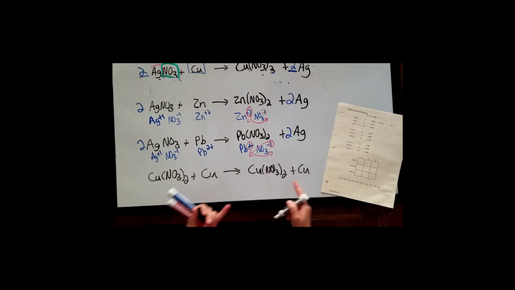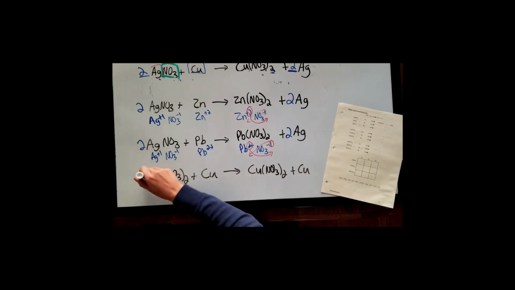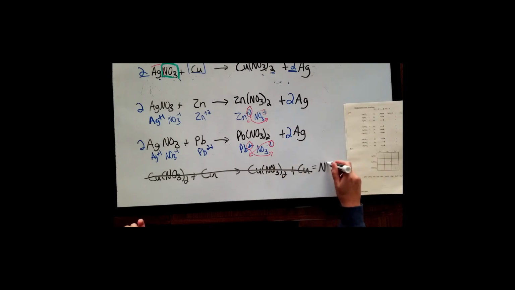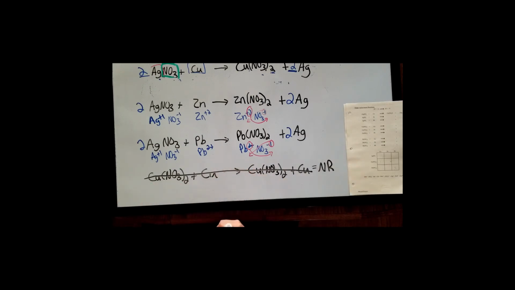Not changing at all, because we're switching copper with copper. So when you do a reaction like this, you don't actually need to balance those ones or anything, and you can cross it out because we're not going to see a reaction, NR. There will be no reaction here because copper replacing copper, nothing's happening. It's staying the same. The reactants are the same as the product, so there was no reaction.